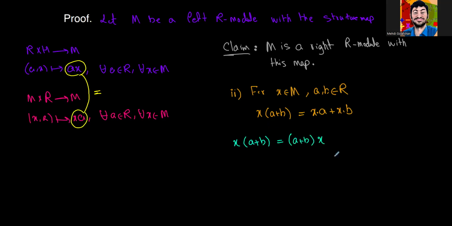Because R is commutative, very good. Now we know that M is a left R module, so we can write a times x plus b times x. Sorry, in the last part I also had this typo.